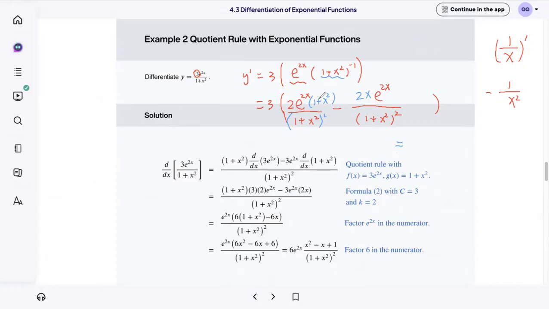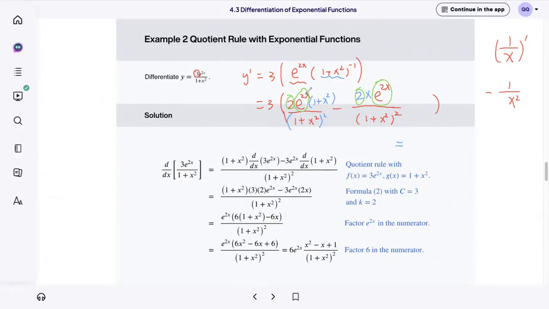Then 2e to the 2x times x squared minus 2x e raised to 2x. We see 2 and e to the 2x are common factors, so we can factor out.